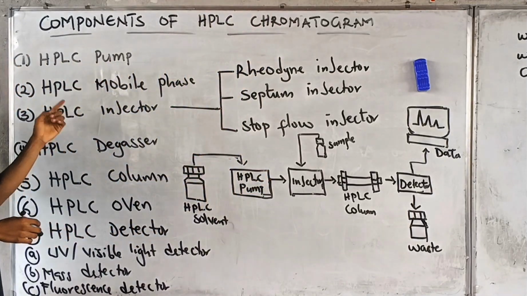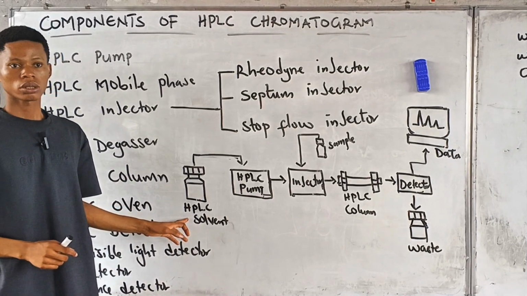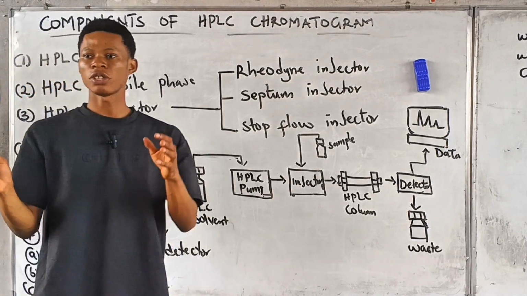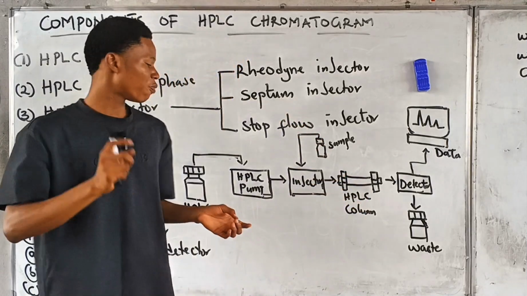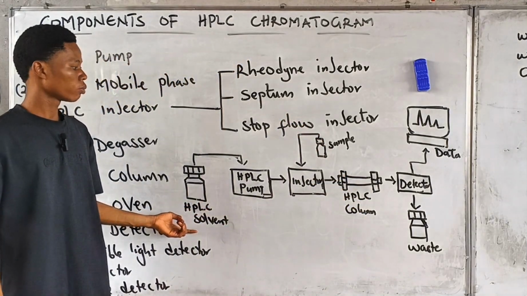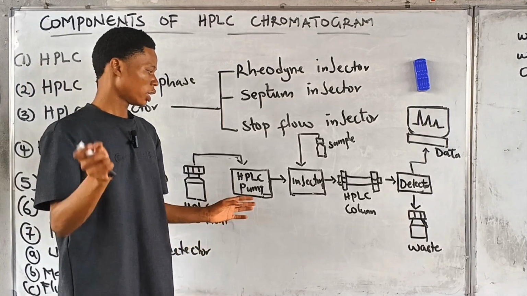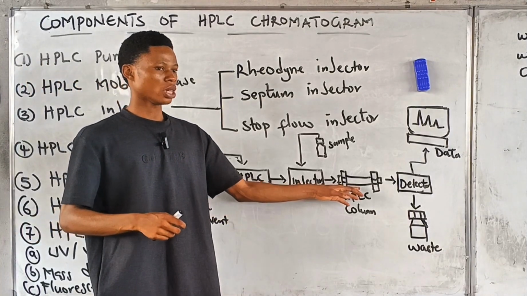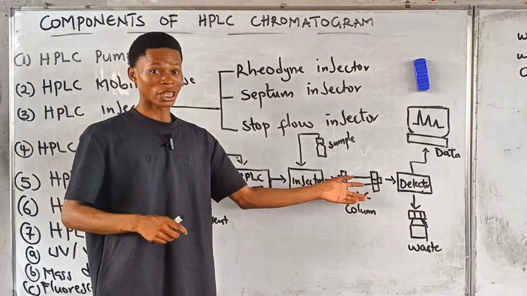That's the HPLC pump. Now the HPLC mobile phase is a solvent. Remember that in chromatography, you have two phases, mobile phase and what? Stationary phase. The mobile phase is the HPLC solvent here. And what is the HPLC solvent doing? Now look at this. In this column, it is very dry.